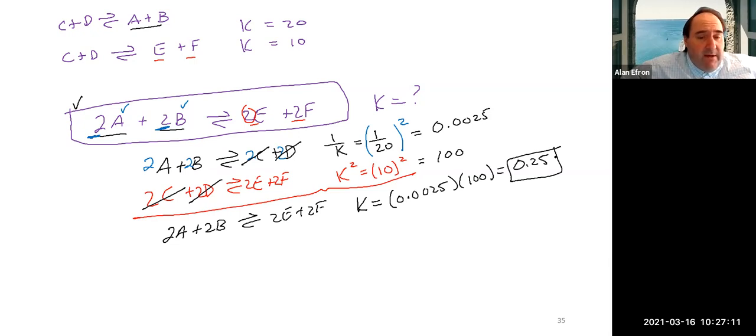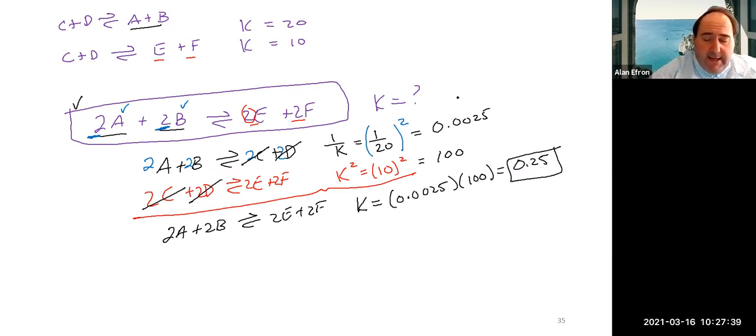It's a very common mistake that students fall back on that Hess's law type of situation. When they reverse a reaction, instead of doing 1 over it, they take the negative. Instead of multiplying the K values at the end, they add them. Those are very common mistakes people make in these type of problems. Any questions on that?